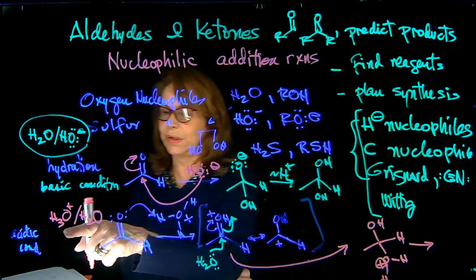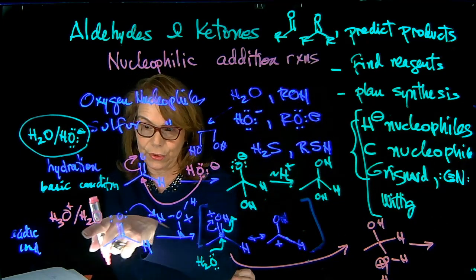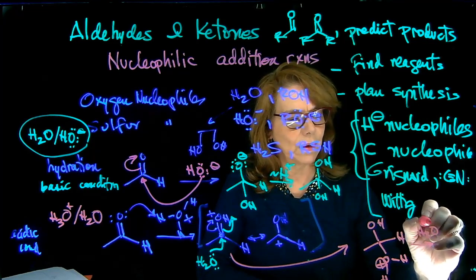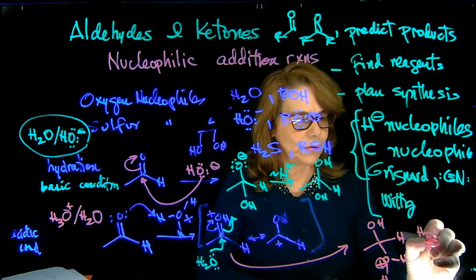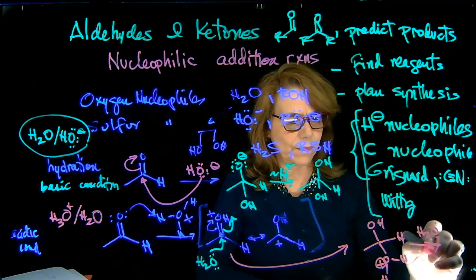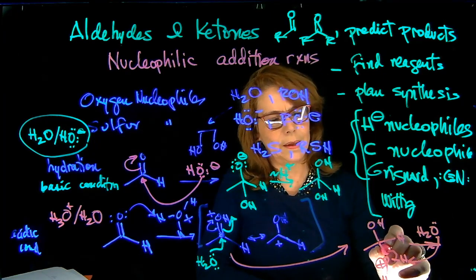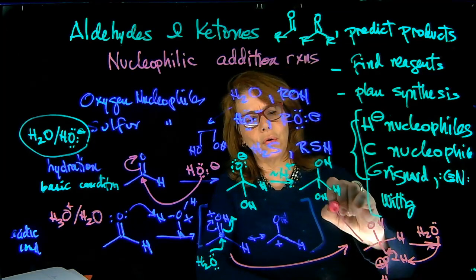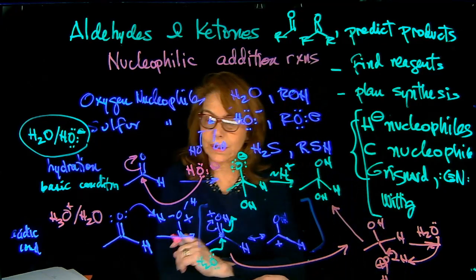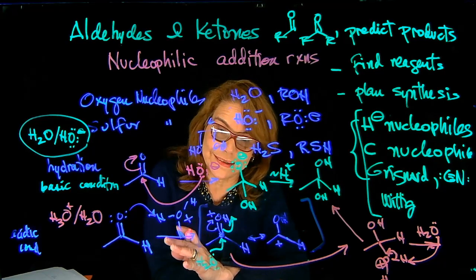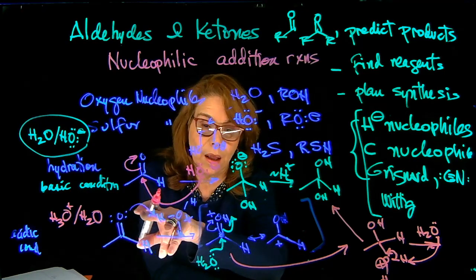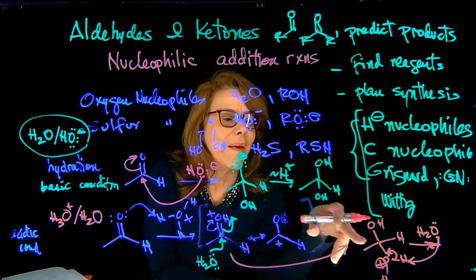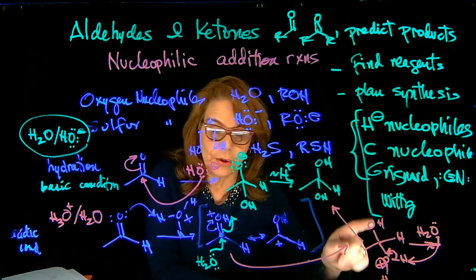Because under acidic conditions you have hydronium and water, the base that is going to remove that extra hydrogen is water. In doing so, electrons go back to the oxygen, and you form the hydrate. So under acidic condition, we have one step more. The first step was a proton transfer, then nucleophilic attack, this time by water, and then another proton transfer.